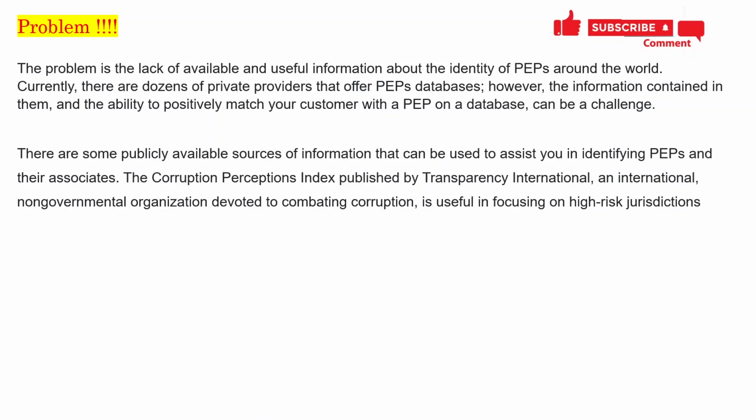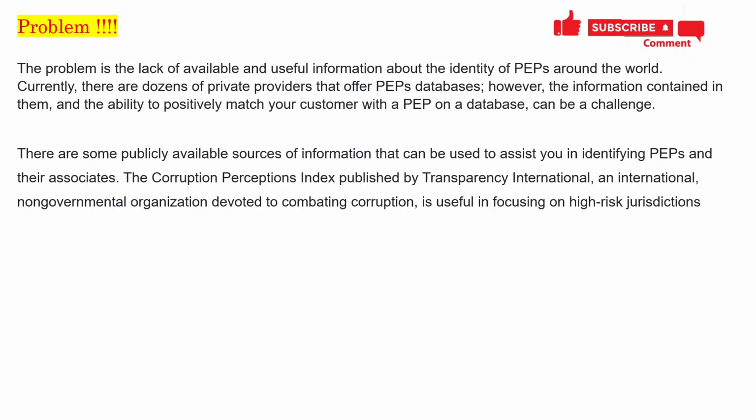There are some publicly available sources of information that can be used to assist you in identifying PEPs and their associates. The Corruption Perceptions Index published by Transparency International, an international non-government organization devoted to combating corruption, is useful in focusing on high-risk jurisdictions. I am sure if you follow the news, you have heard of the organization named Transparency International, which on a yearly basis provides the corruption index.